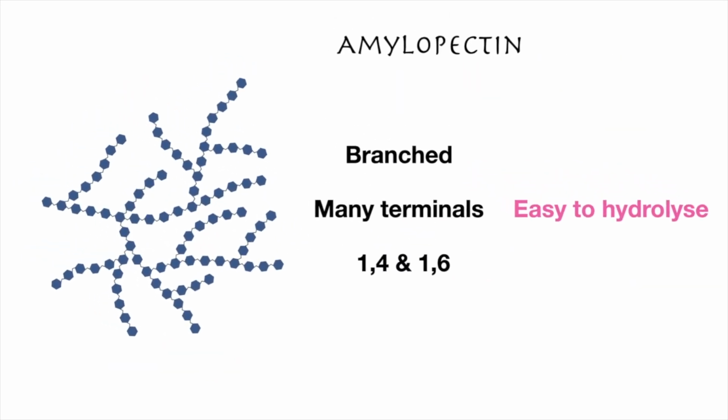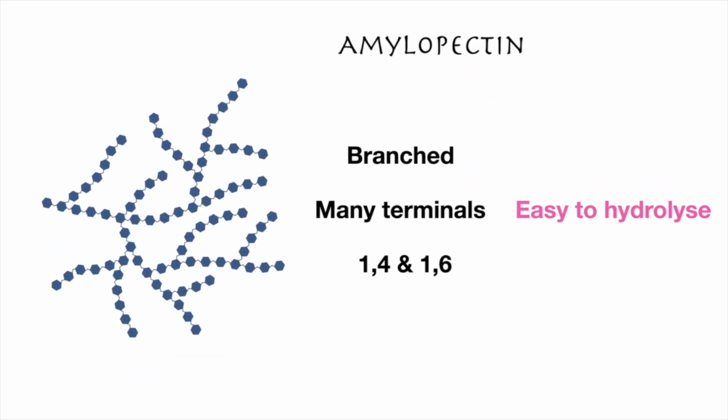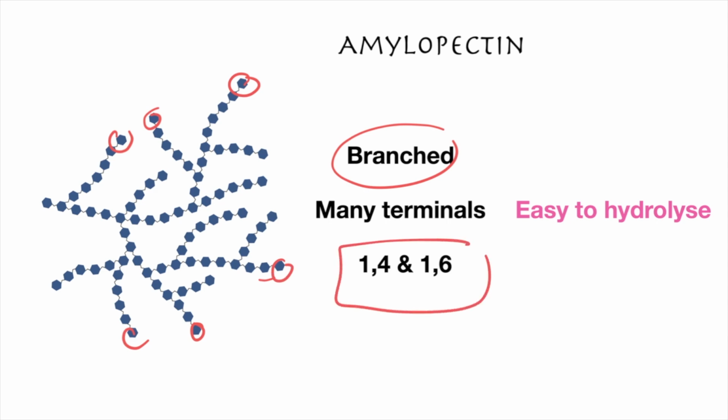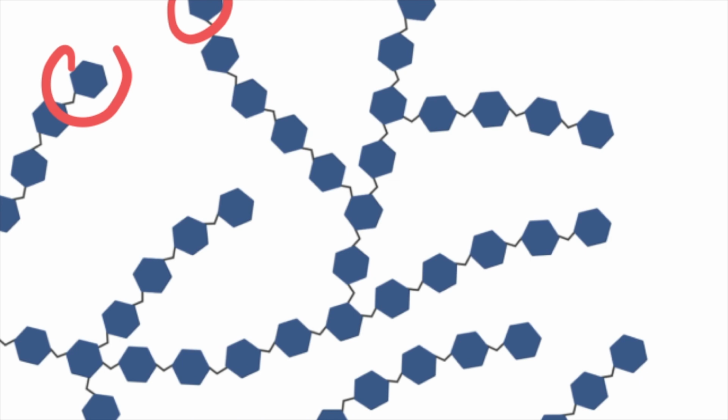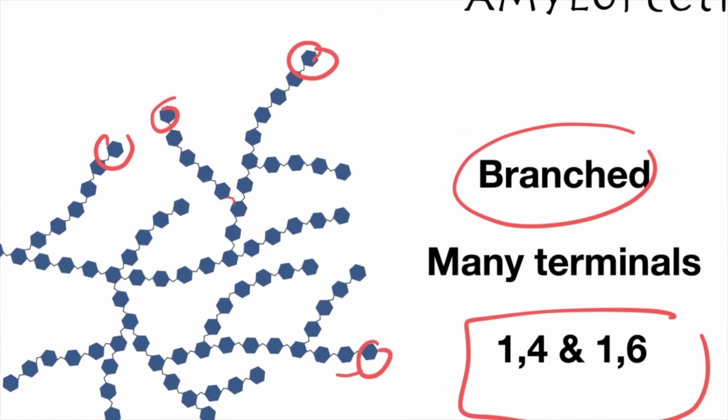What about amylopectin? Amylopectin is the branched form of starch. It got many terminals. It got many glucoses available at once. The bonds are 1,4 and 1,6 glycosidic. So every time you got a branch, this is 1,6 glycosidic bond.